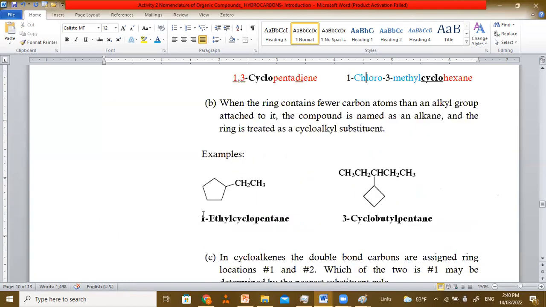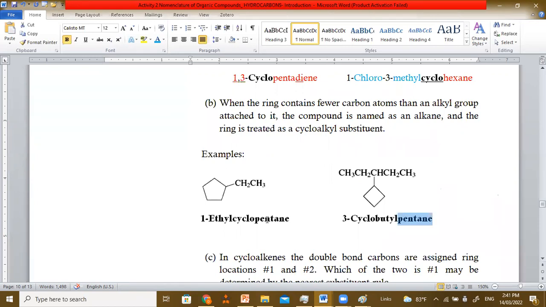This one, you have 1, 2, 3 cyclopentane. This becomes our substituent, so 1-ethylcyclopentane. And here our parent chain is the one with the longest continuous carbon chain. So instead of the cyclic one, since there are 4, then a straight chain, which is pentane, becomes our parent chain. So we have your 1, 2, 3, 4, 5, that is our parent chain.